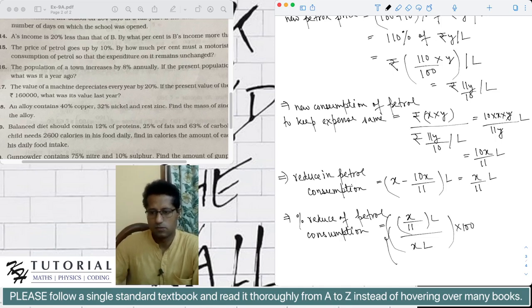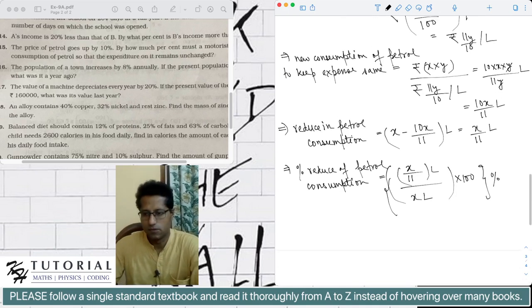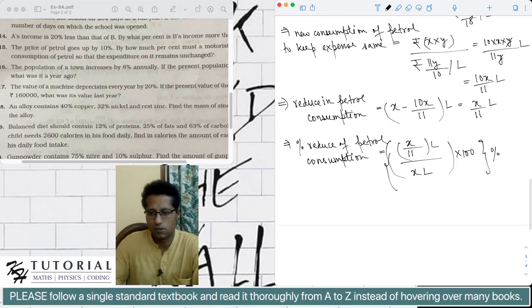If you simplify, this is equal to x by 11 into 1 by x into 100 percentage. x cancels out.